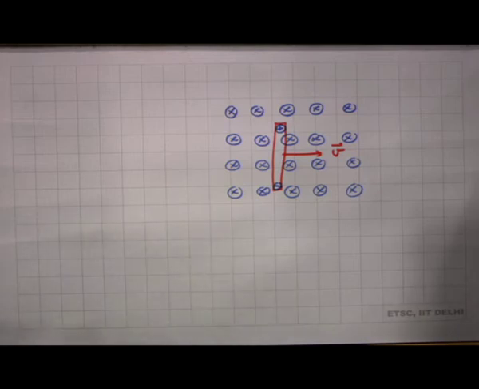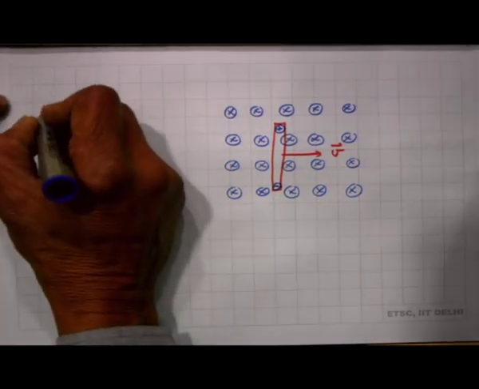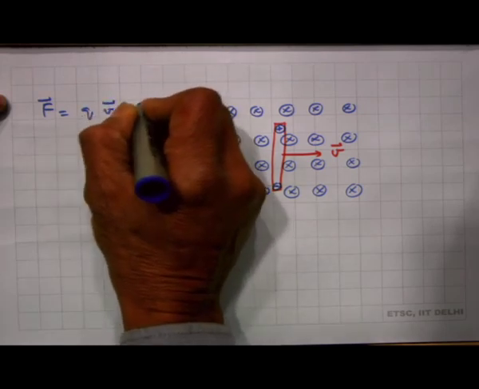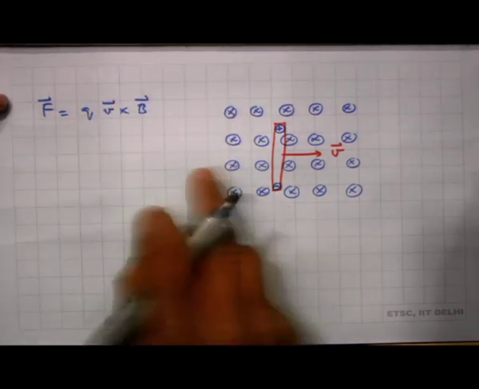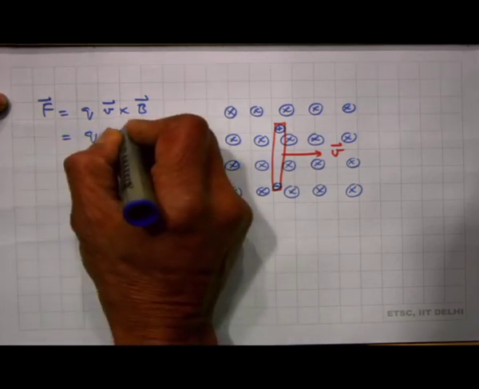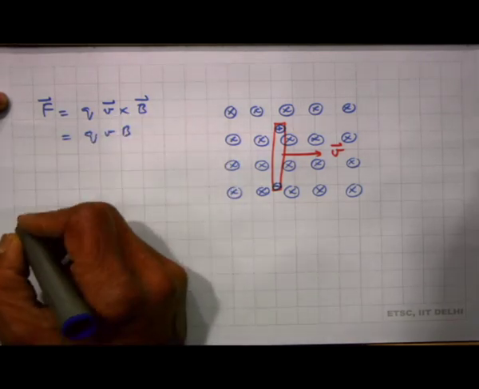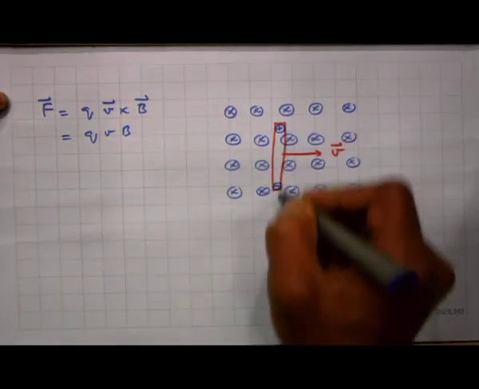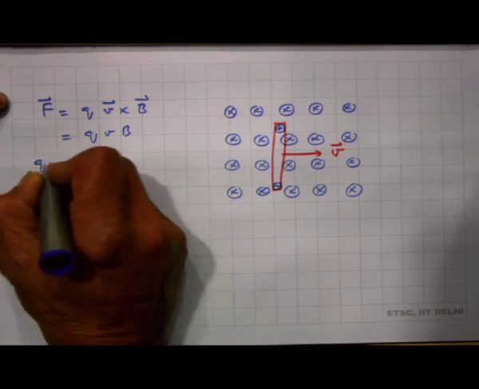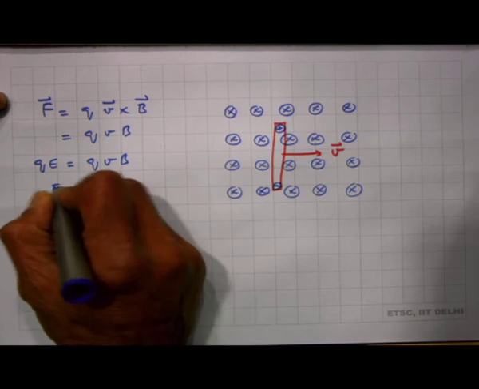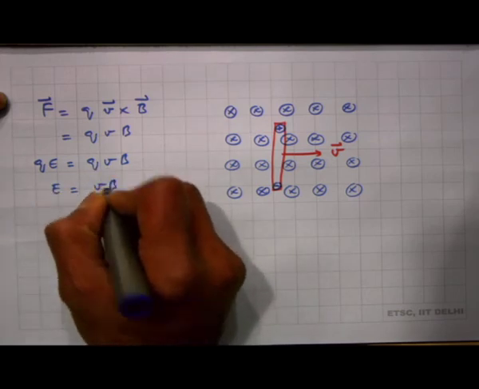So, what is the Lorentz force? It is Q V cross B, and because V and B are perpendicular, this is nothing but Q V B. The electric field generated will be such that Q times E equals Q V B. That means it will generate an electric field given by E equals V B.